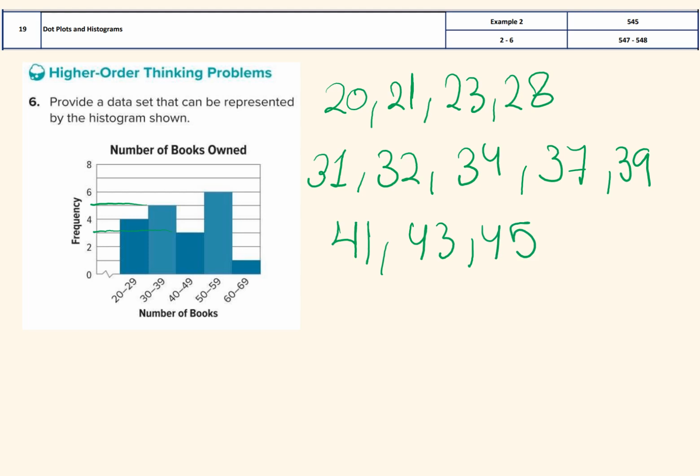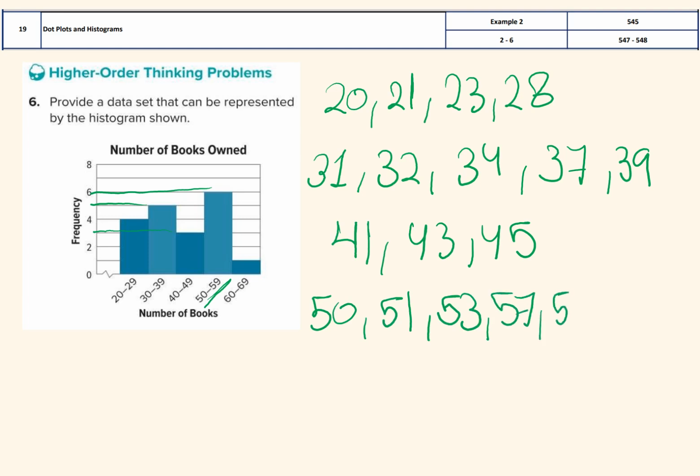Now, values between 50 and 59, we should have 6 values. So let's say 50, 51, 53, and let's say 57, 57, like 2 values, the same, 1, 2, 3, 4, 5, and finally 58.